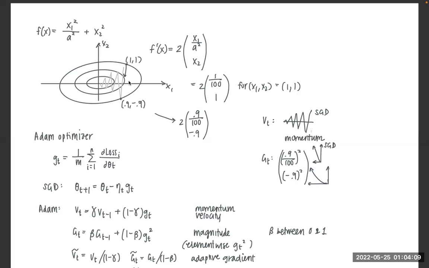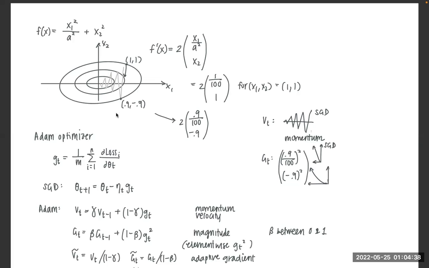So rather, we want to accumulate the speed. That's the idea of momentum. We want to accumulate the momentum so that we figure out this direction is a very flat direction, and this direction is very curved, so that the ball is going back and forth.